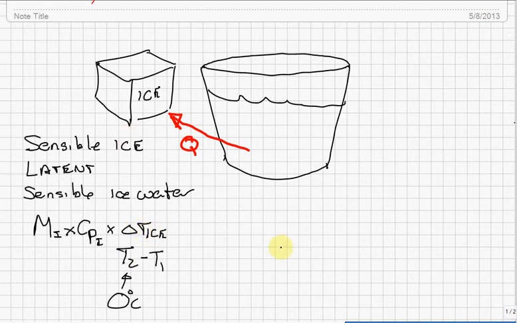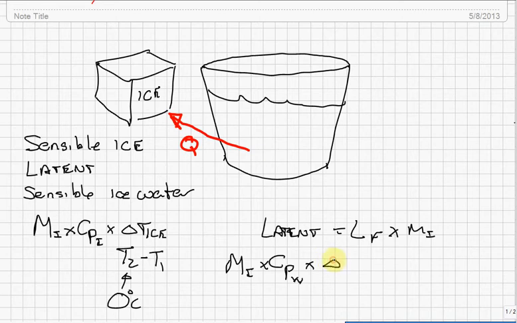So we know that our latent heat of fusion is what's going to unlock our latent heat, and that's going to be the latent heat of fusion times the mass of the ice. And finally, we have our sensible heat of the resulting ice water after the cube is melted, and that's going to be the mass of the ice, it's still that same mass, times the specific heat capacity of water, because now it's in the liquid phase, times delta T once again.